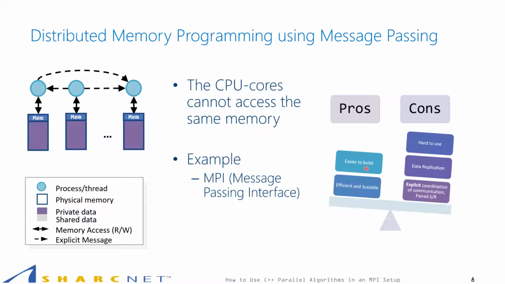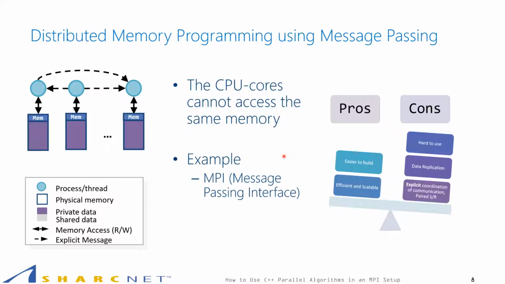On the other hand, in distributed memory programming using MPI, the CPU cores or processes cannot access the same memory. Each core or process only has access to its private data, and there is no shared data. And they need to use messages to share information between them. The good thing about this approach is that it's easier to build.